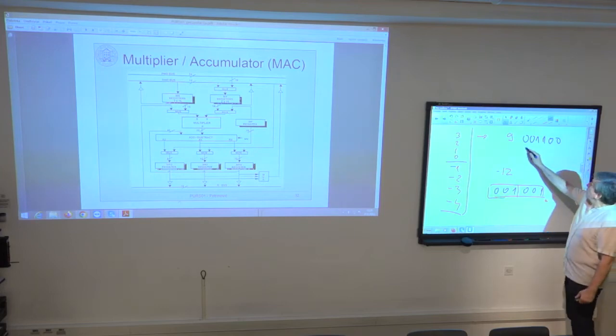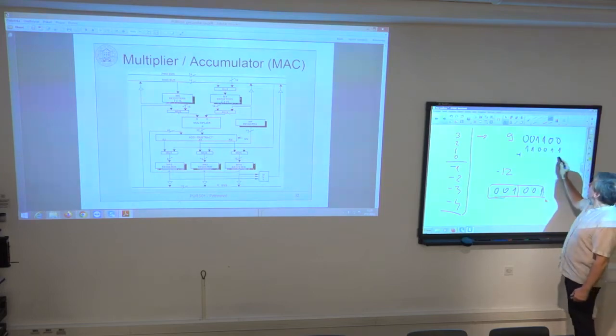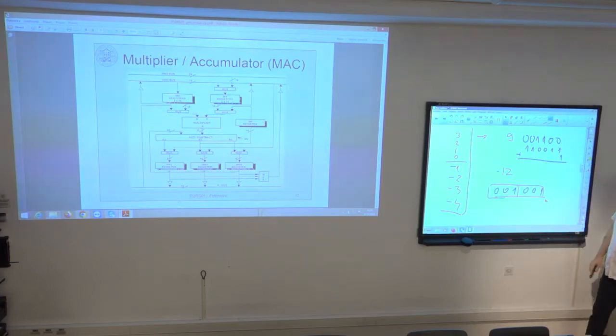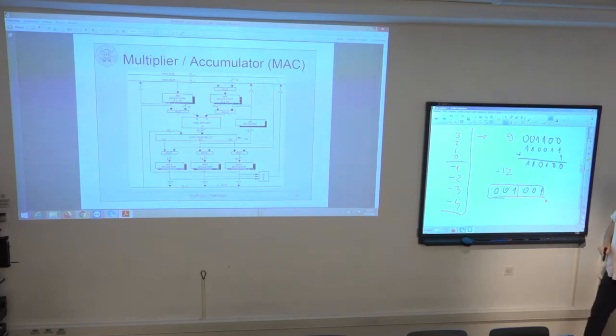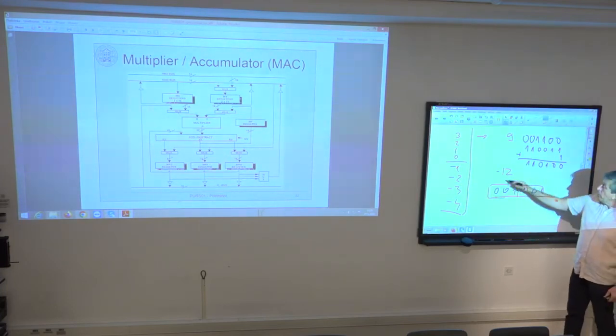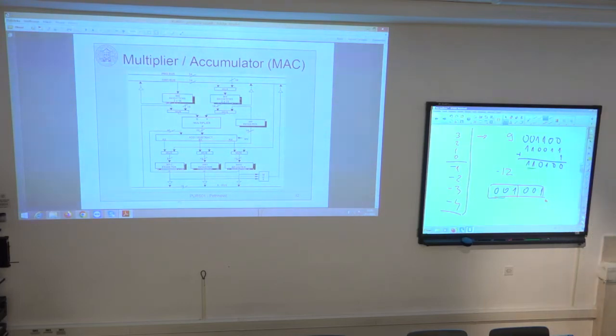Then I do the first complement, and I add 1, and I get the 2's complement. And the 2's complement is then 0, 0, 1, 0, 1, 1. So again, you can see that this product minus 12 has two leading ones. I have two sign bits.